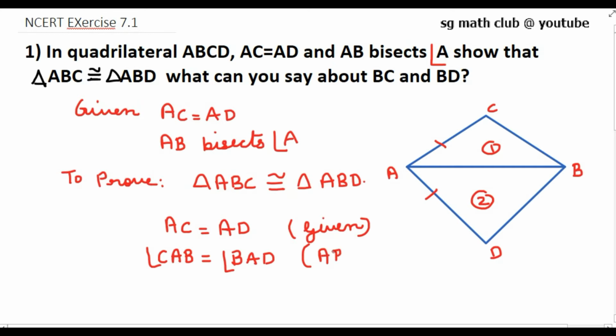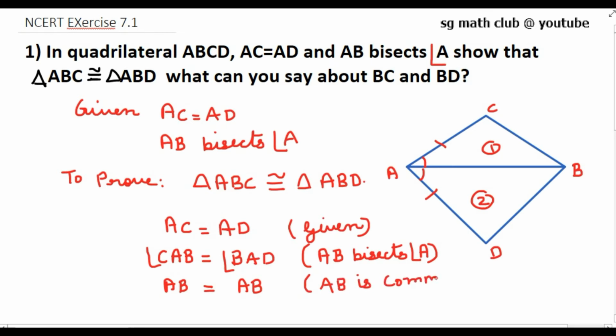They have given that AB bisects angle A. Bisect means divide into two equal parts. So one side and one angle is equal. Again, when you look at these two triangles, you can see the side AB is common. So AB equal to AB.